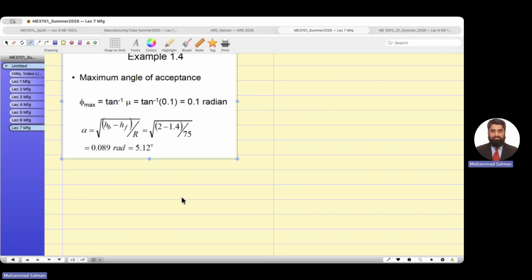Another check you can do: what is the phi maximum angle of acceptance? 0.1 radian, alpha is 5.2. This is a different example, example 3, example 4.